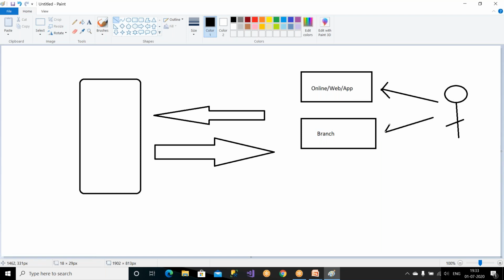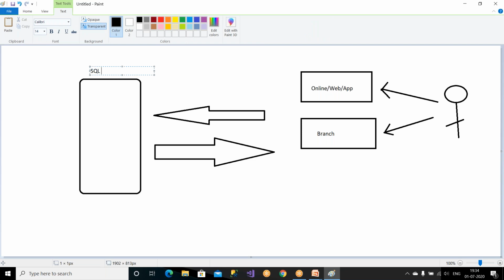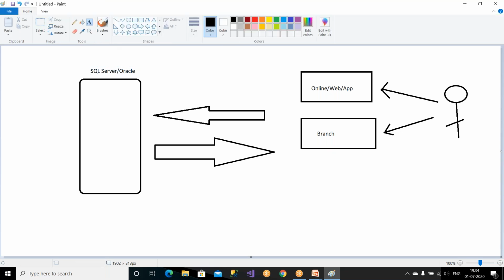Whenever they're buying the medical policy, all the data that they're going to be receiving is available in one of the servers. You may think that this may be a SQL Server, or this may be Oracle. So all the data through mobile applications, or when you go to the branch, which will have a lot of computers, right? When you make the payment and buy a medical policy, your data is going to come here.